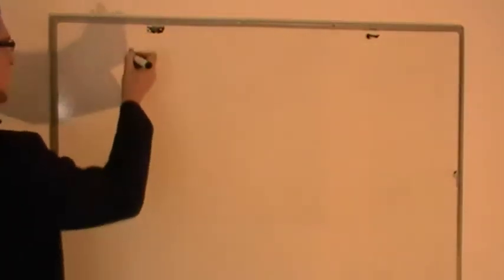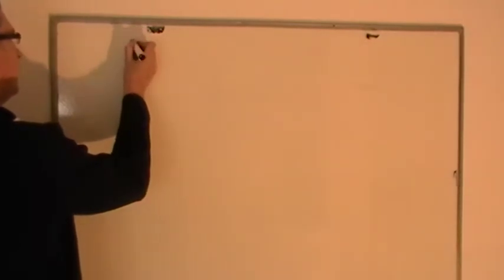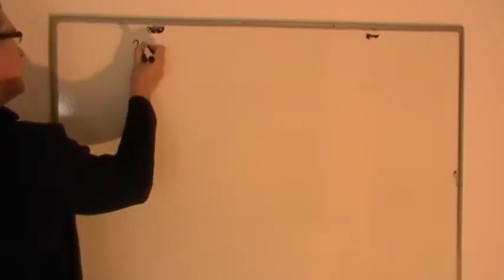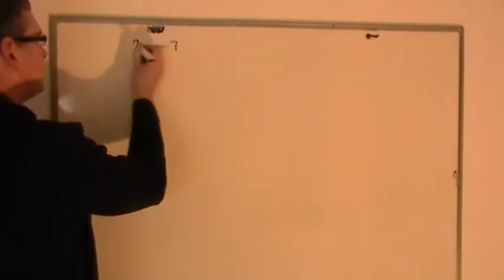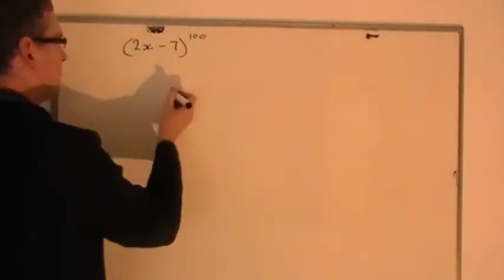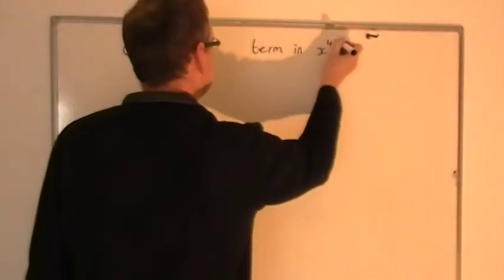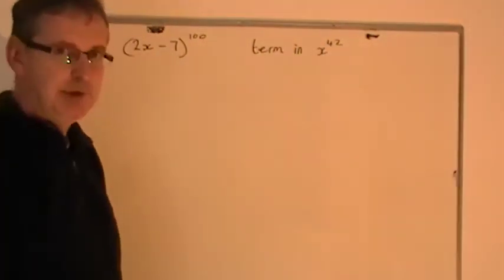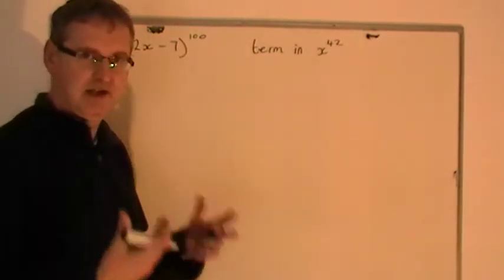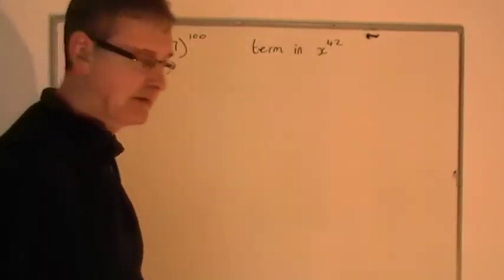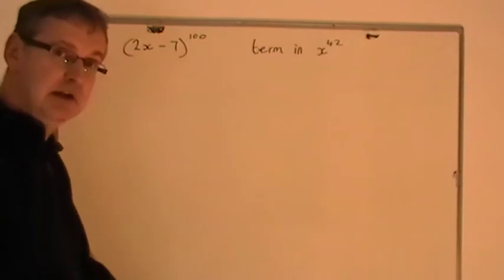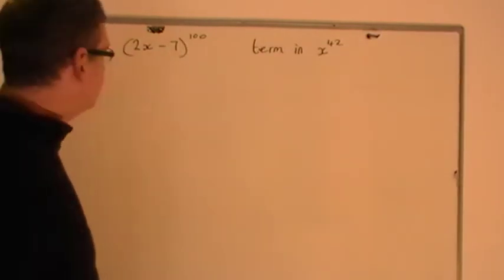Okay. Let's say you have something like 2x minus 7 to the power 100, and I want the term in x to the 42. Now obviously you will not get one like this. The figures in this would be horrendous without a calculator. But let's just get the basic term in terms of the choose value.